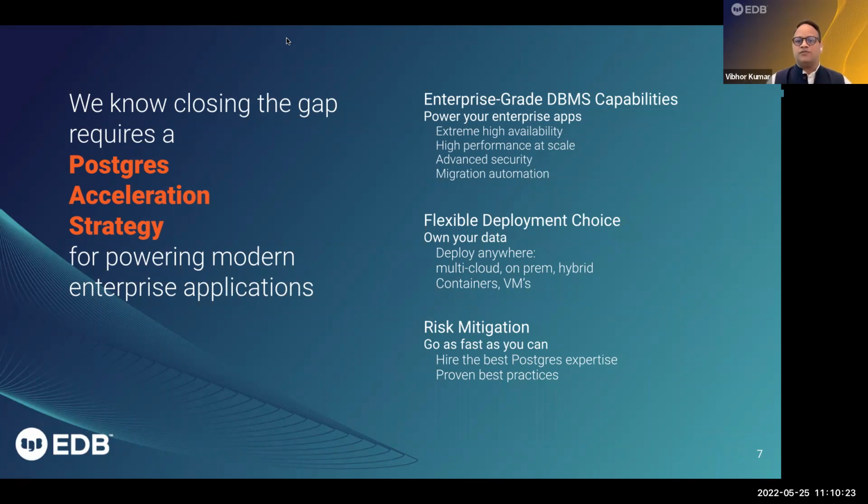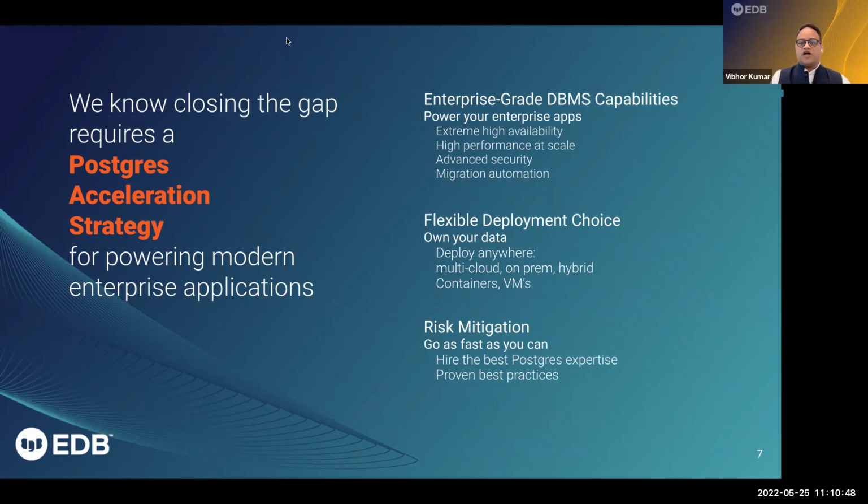When we talk about flexible deployment, it means you have the ability to deploy Postgres anywhere. Whether you go with a hybrid platform, using the public cloud or on-prem cloud, or if you want to go with multiple public clouds, like running some applications in AWS and some in Azure, we have options for that.